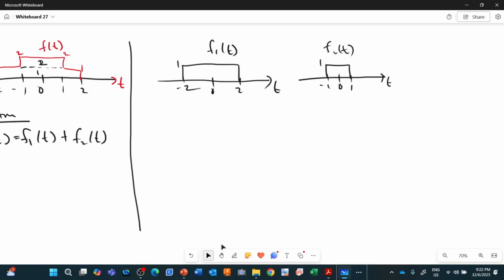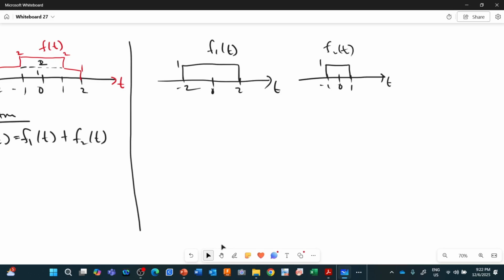Then in parallel, I'm going to write 0 and minus 1, 1. So this is 1, 1, 1, 1. F2T, amplitude, based on what I draw, is 1, 1, 1. So I wrote just now, FT equal to F1T plus F2T. Remember in chapter 1, what does it mean by that? What does it mean?